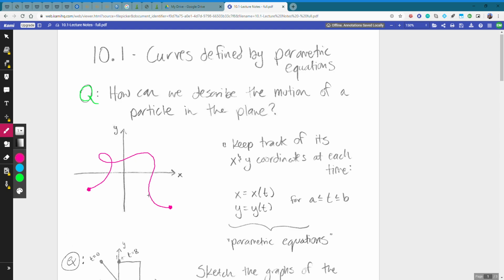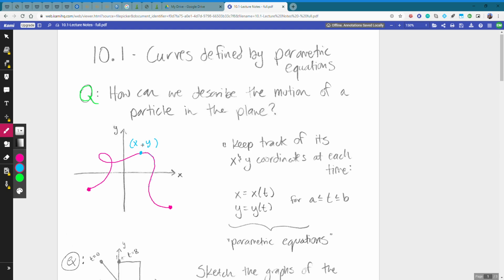A second thought is that at each point in time, we're going to get a different point in the plane. So for example, here at this point in time, we're going to get a certain x coordinate and a certain y coordinate. And as time moves forward, we're going to get different x, y points.